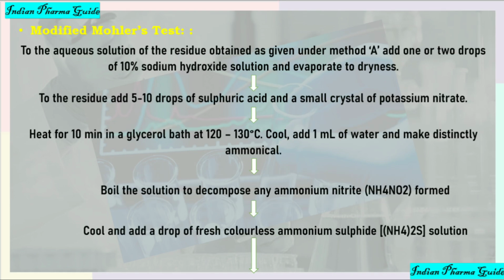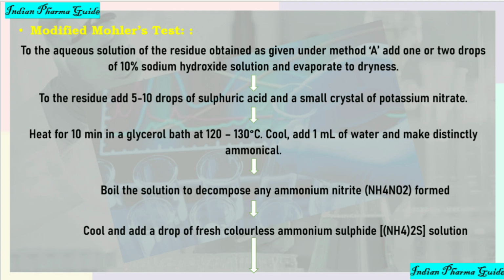And next one, modified Mohler's test. So in this test, to the aqueous solution of the residue that has been obtained as given under method A, add 1 or 2 drops of 10% sodium hydroxide solution and evaporate the solvent.